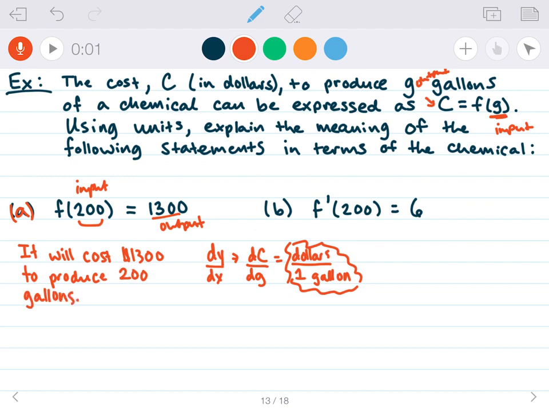Okay, so that's what part A is telling us. Now let's go ahead and look at part B.